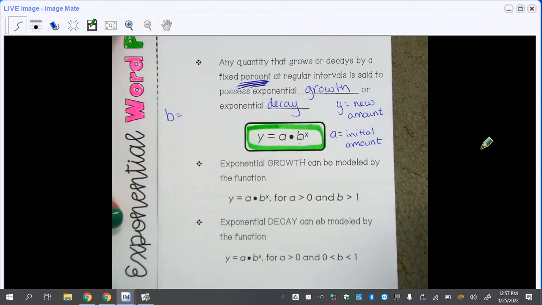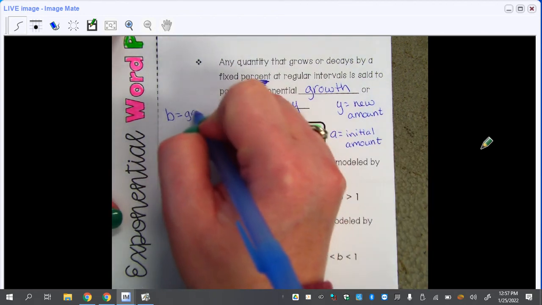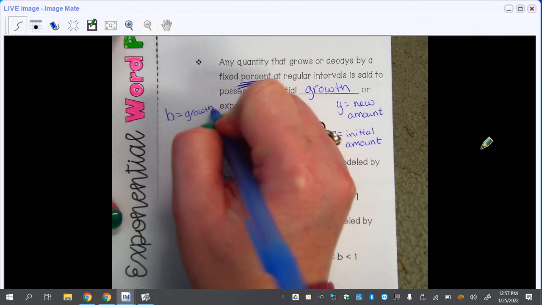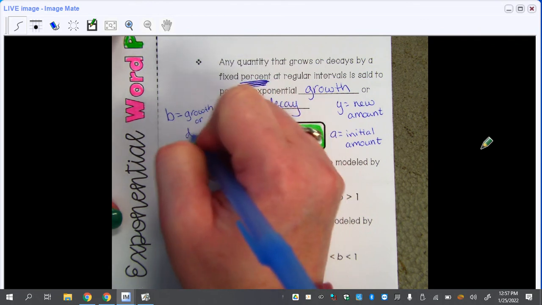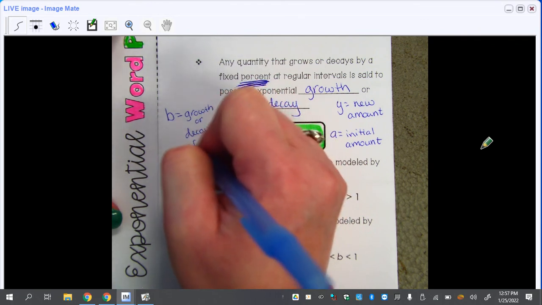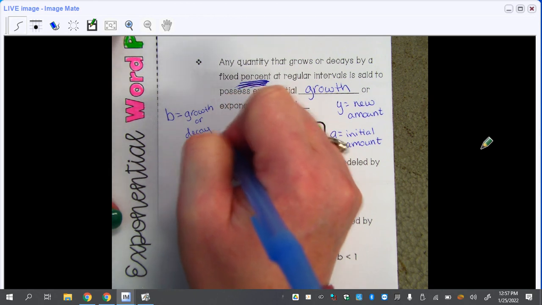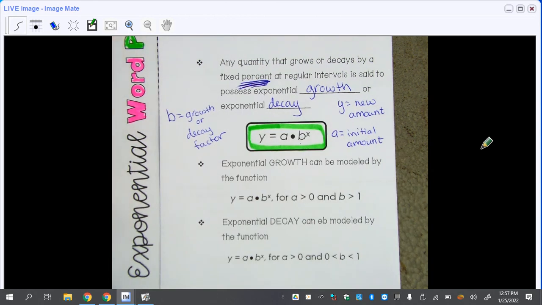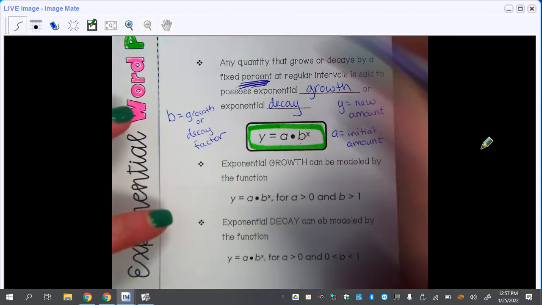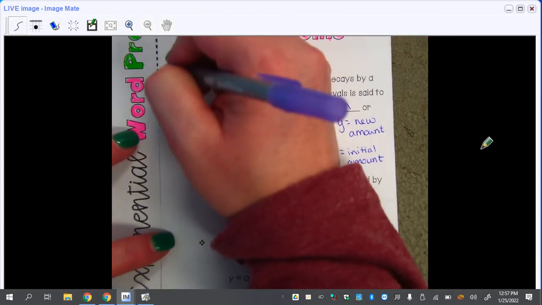Because I ran out of room, I'm going over here. B represents what we call our growth or decay factor. That is what we're actually growing by or decreasing by, depending on whether we have growth or decay. You did deal with this a little bit in your last day's worth of notes.